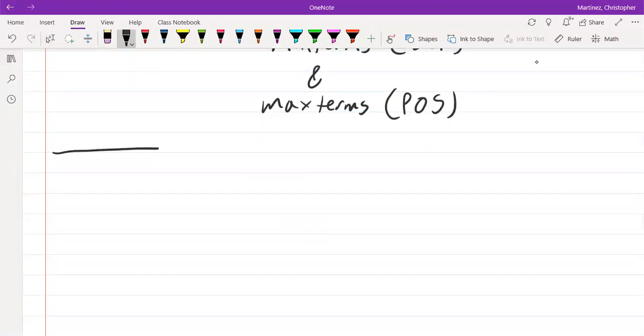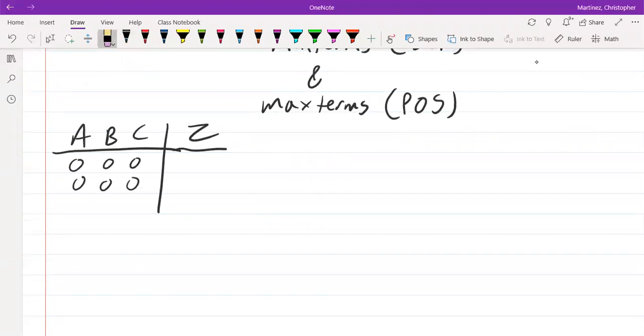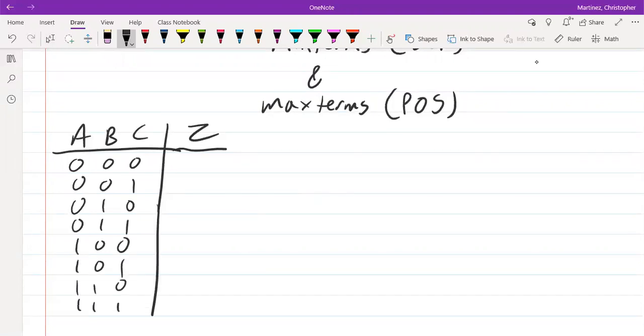Okay, so let's start off and you have A, B, C. We're making a truth table. And in this truth table, let's say we have a couple ones and some zeros, and I want to express Z as some expression.